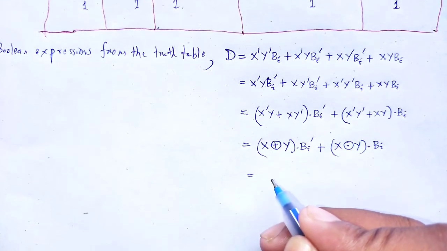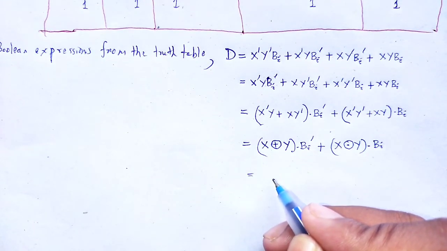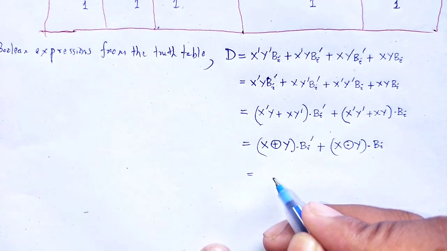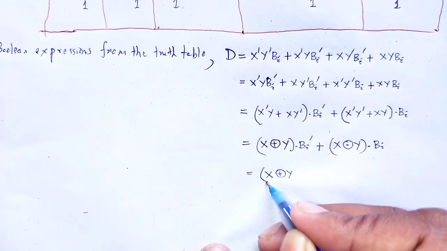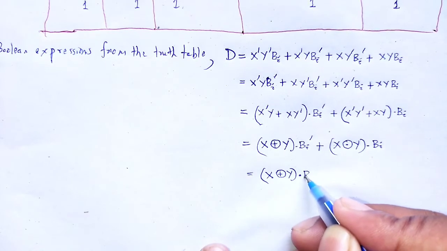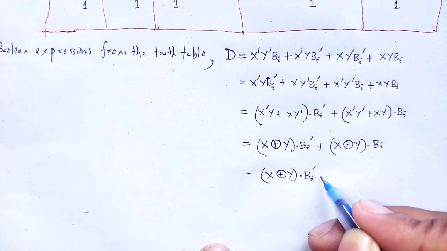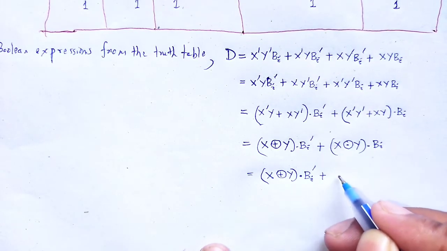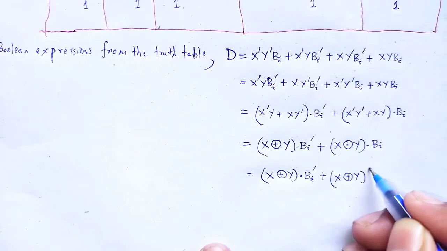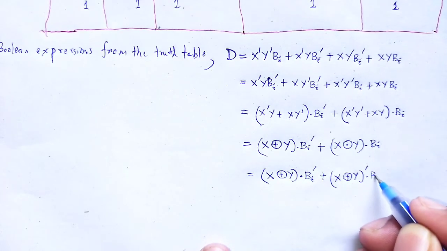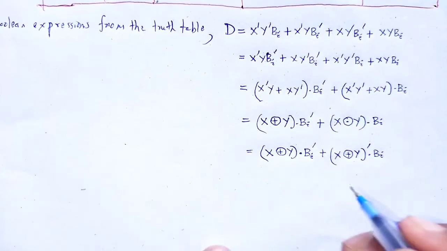So x XNOR y, bi prime, plus that is x XOR y its prime, bi.